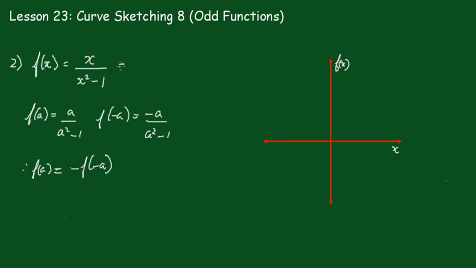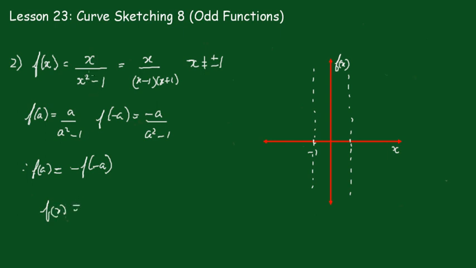Now if we look at this part here, factorise the bottom, we can see x cannot equal plus or minus 1. This means there must be asymptotes at 1 and minus 1, which I'll draw. Now there's another asymptote. What we'll do now, take the function and divide numerator and denominator by this x squared.